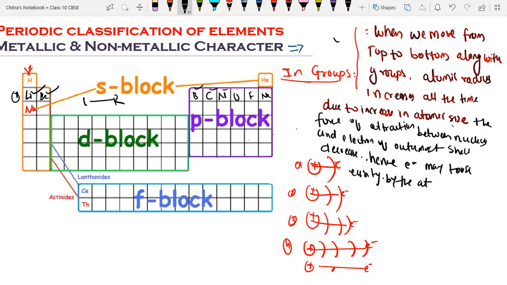Yes. So if they can lose electrons easily when we are moving top to bottom, that means metallic character increases.